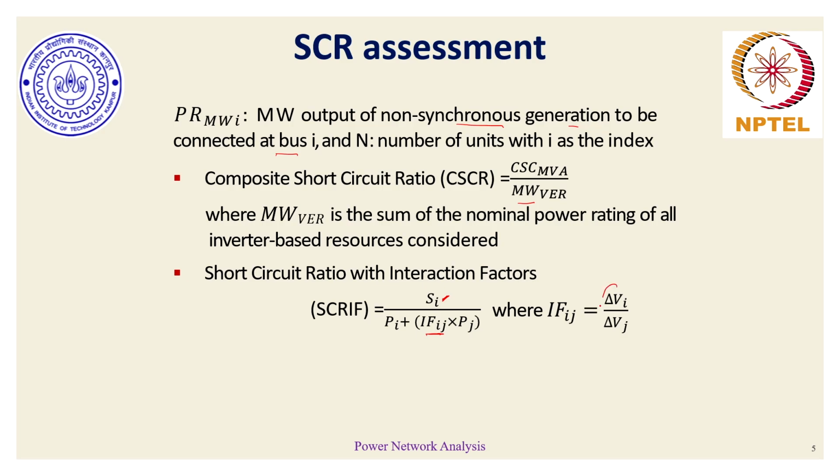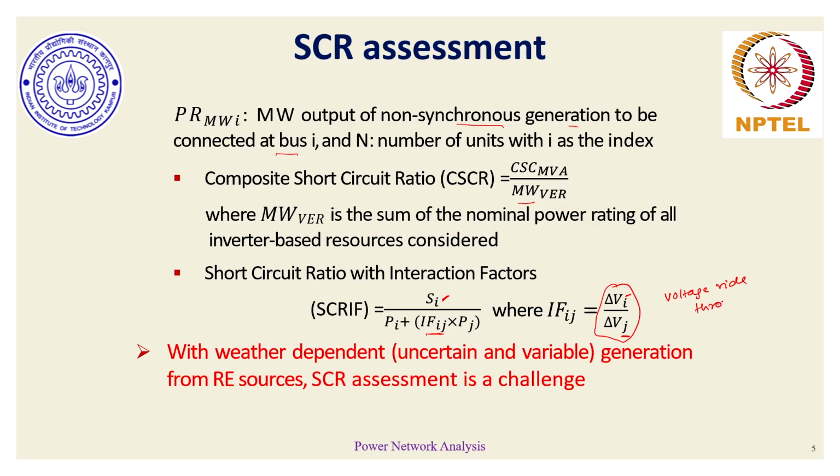So basically this ratio is an estimate of: if the inverter at node j is trying to respond with FRT characteristic to the fault occurrence, then at node i, with some other inverter placed, how much is the voltage magnitude change? That's one way of finding this interaction factor. So basically it is like trying to link the voltage ride-through capability, or it is an assessment of how much voltage ride-through capability can exist for different inverter-based resources.